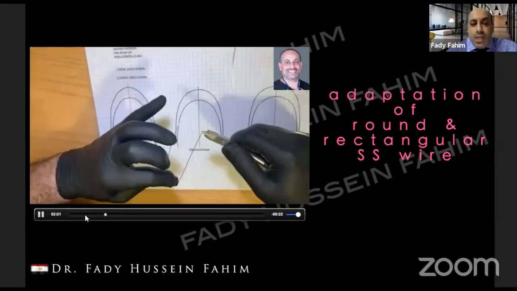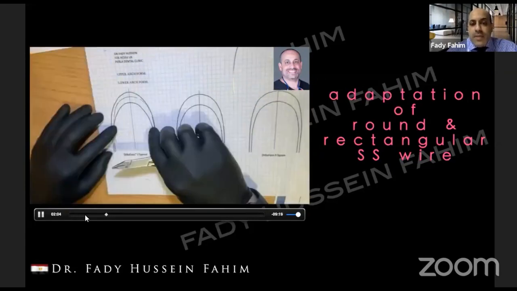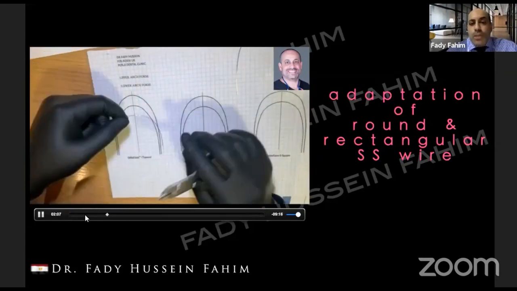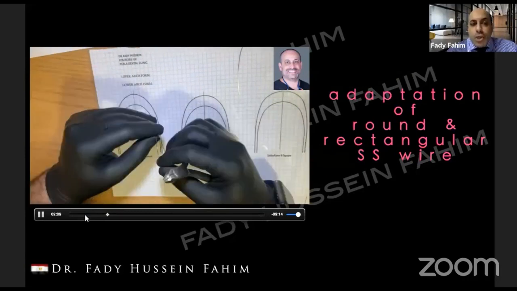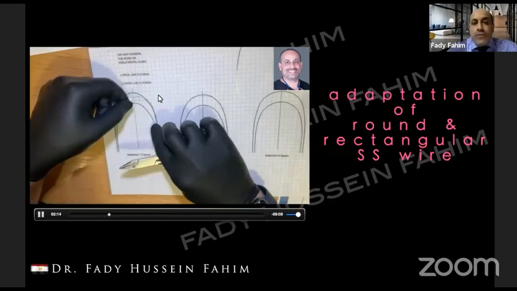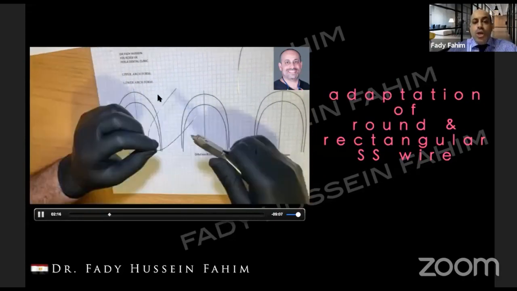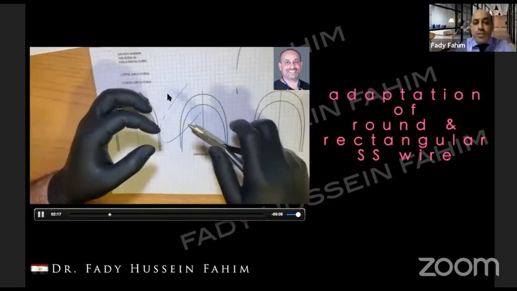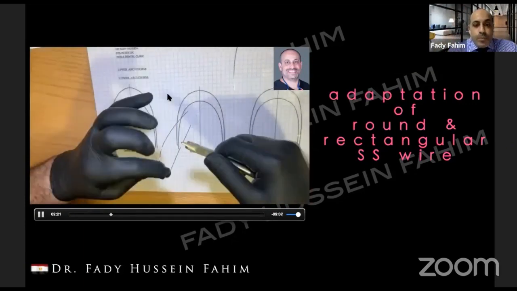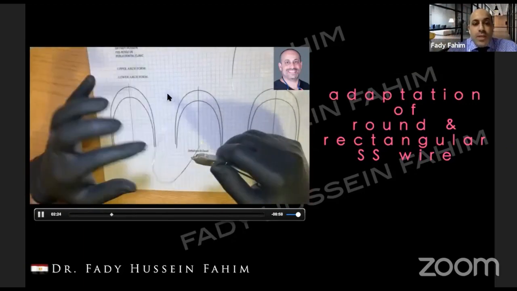I was nearly to cancel my appointments that day, because this is not only an arch template, it's also a symmetric chart. I print it on a graph. You can see the graph, the small cubes. So you can see the symmetry of the arches, the right and left sides. So that's why it's very important.